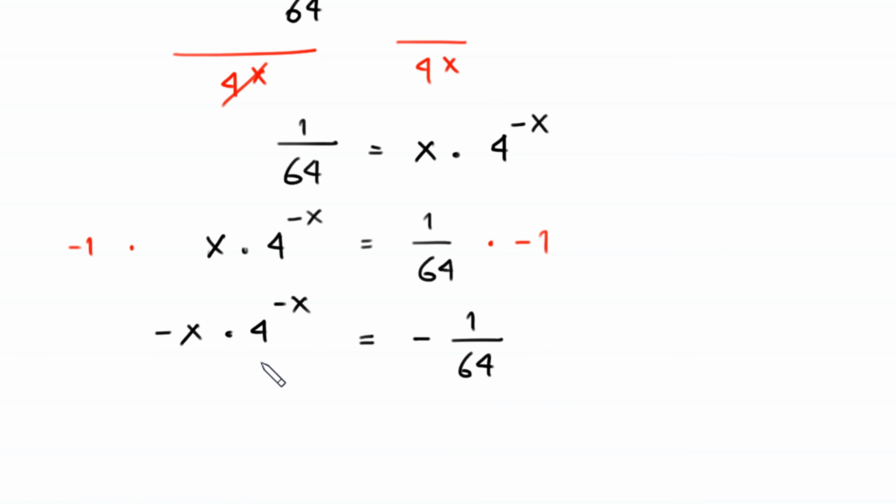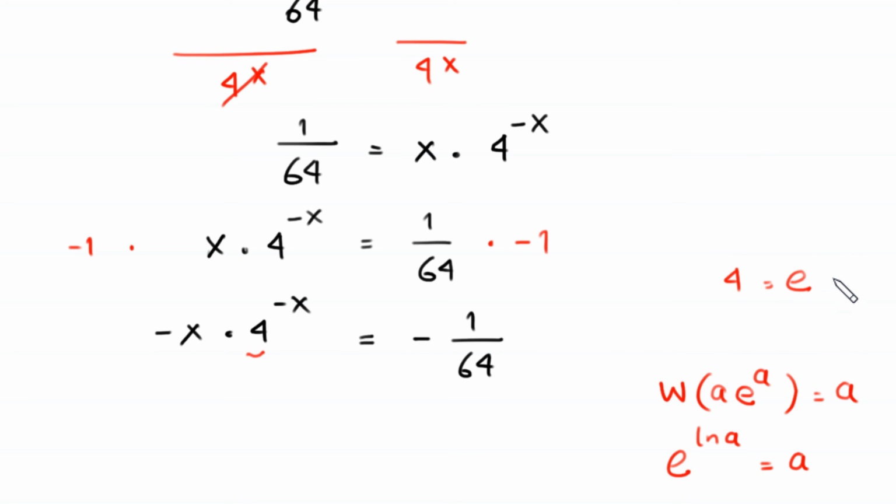To use Lambert W function here, we must have e in this expression, as Lambert W function is equal to W function of a times e to the power a equal to a. So to bring e in this expression, we use this property, e to the power ln of a equal to a. So we can write this 4 as e to the power ln of 4.